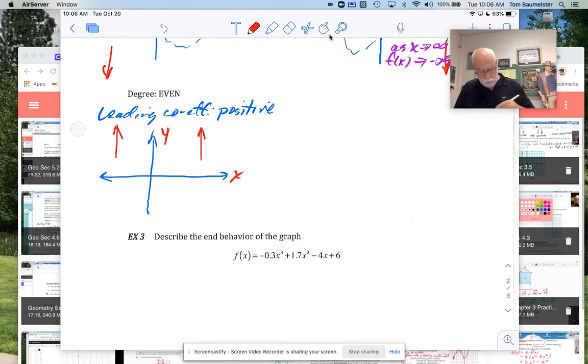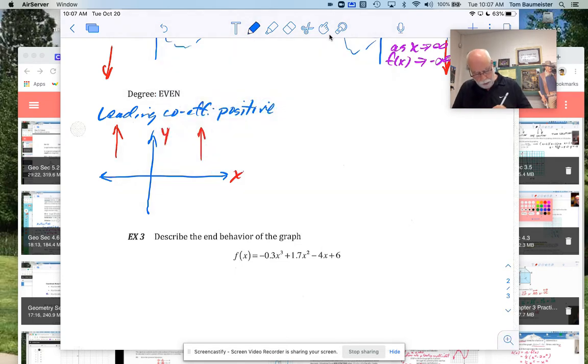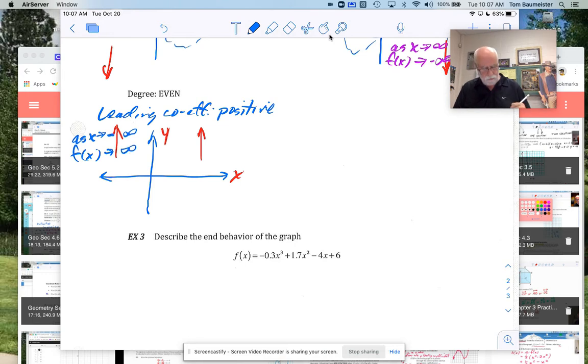All right. So if we look at that, what am I telling you? So as x goes to negative infinity, f of x is going to positive infinity. So that's negative infinity on that top one. I hope you see that.